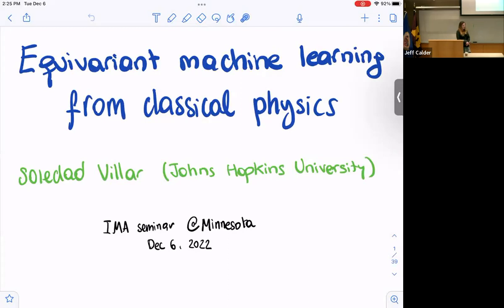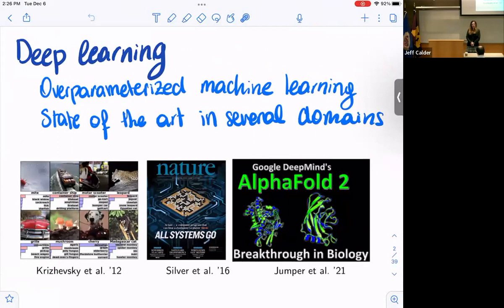Okay, thank you so much for the invitation and for being here. I'm going to talk about equivariant machine learning. This talk is in the context of deep learning: machine learning models that in the past year have achieved the state of the art and surpassed it in many fields, including image classification, reinforcement learning for playing games like Go, where they have beaten the best human players.